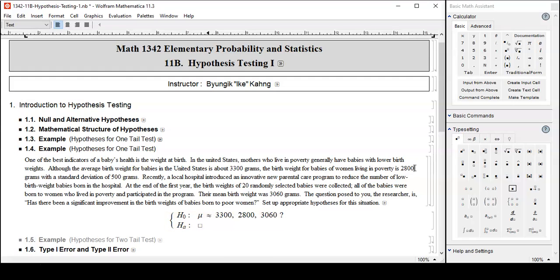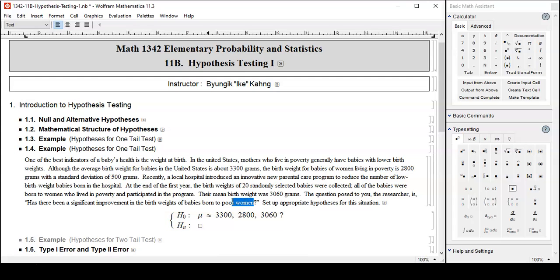Women living in poverty is 2,800 grams with standard deviation of 500 grams. Okay, the standard deviation could be an additional hint, but this can be easily knocked off because I could have given another standard deviation along with 3,300 grams there. So that's not really the important part. The key part is in poverty.